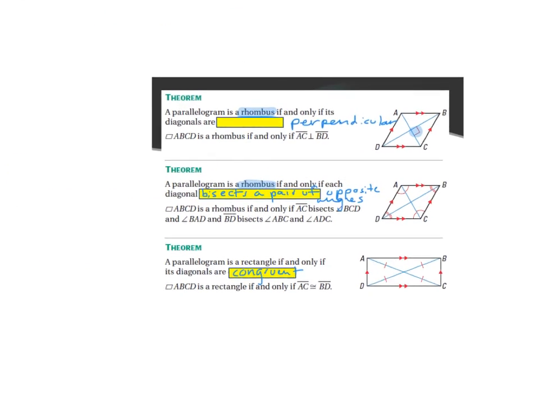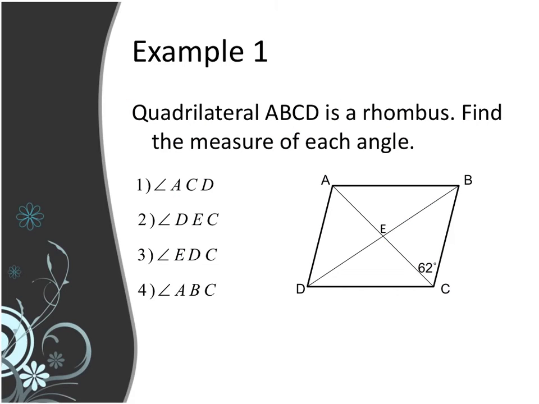Okay, now we're going to look at some examples. Example 1, quadrilateral ABCD is a rhombus. Find the measure of each angle. So we need to find ACD. How do we find what this angle is here? Does this look like it's 90?